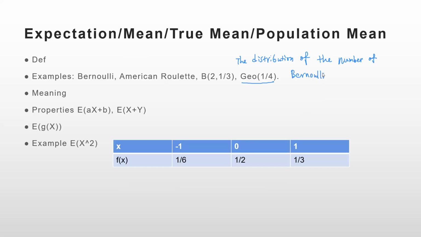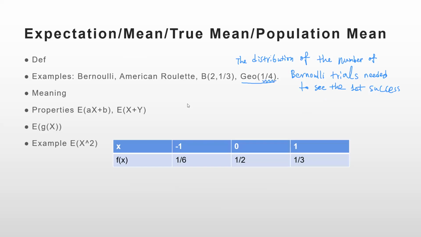Bernoulli trials means all the trials have only two outcomes. Also they're independent, and they have the same probability of success. Actually, there are three features of Bernoulli trials. The random variable is the number of Bernoulli trials needed to see the first success. That's what this notation means. The probability of success is 1/4.